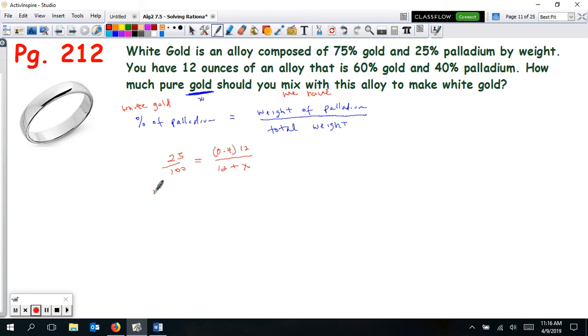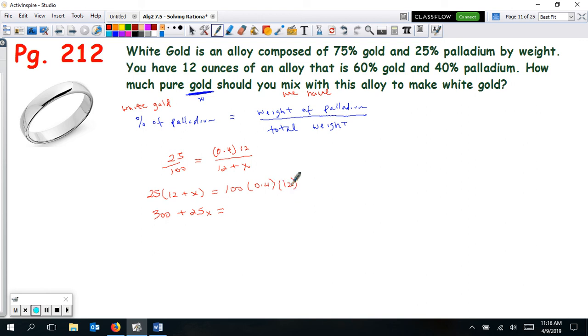So now we can just cross multiply. We're going to see 25 times the 12 plus X is equal to 100 times the 0.4 times the 12. And so we'll distribute here, 25 times 12. Let's see, 25 times 4 is 100, so it's going to be 300 right there. 300 plus 25x is equal to, if I say 100 times this, that goes back to 40, and so we're going to see 40 times 12.